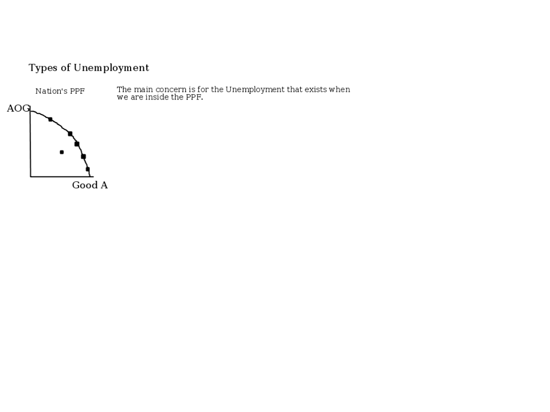When we're inside our PPF, we do, of course, have unemployment of other resources besides labor. We have unemployment of, for instance, physical capital. During the Great Depression of the 1930s, we had a significant amount of what is called excess capacity.